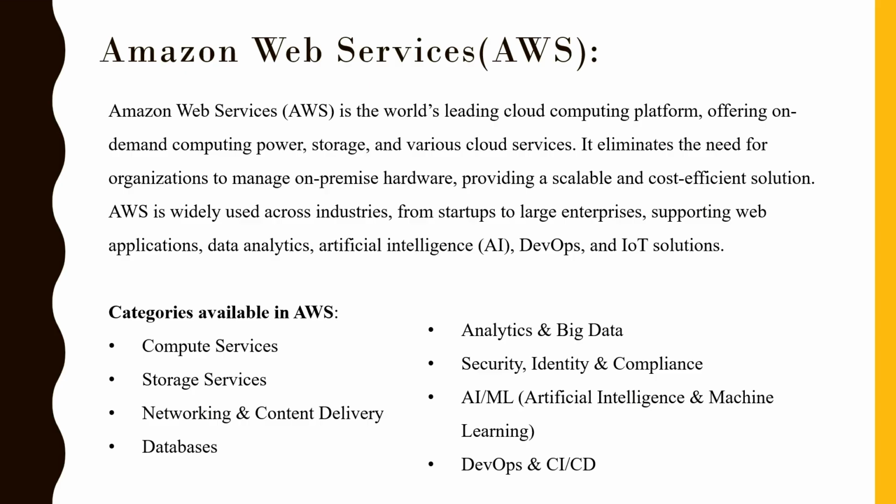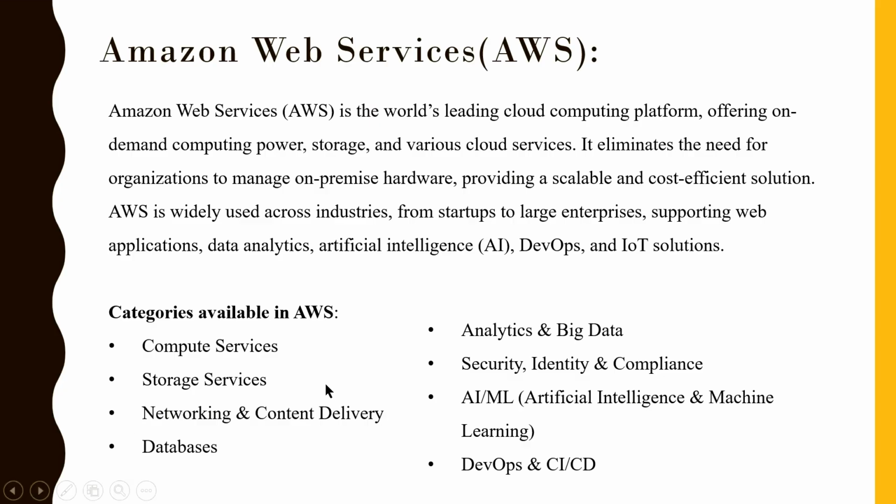And the next one is databases. Databases are the most important feature for any application, to store any data related to the application or customers, whether it is structured, unstructured, or semi-structured. For this we have AWS RDS, which provides multiple SQL and NoSQL services, along with DynamoDB and Redshift as well.